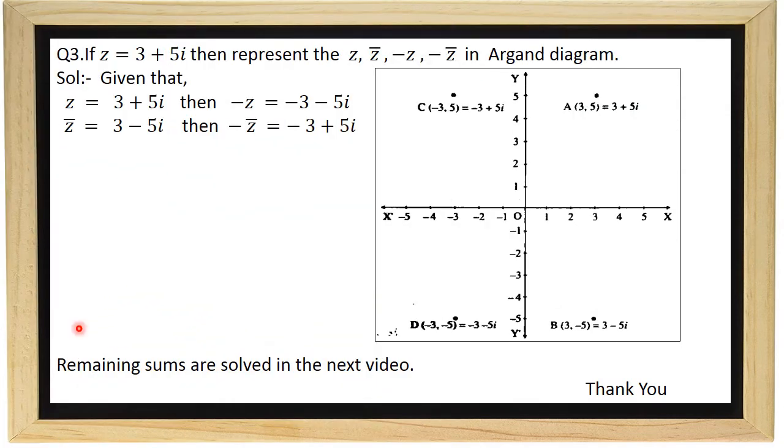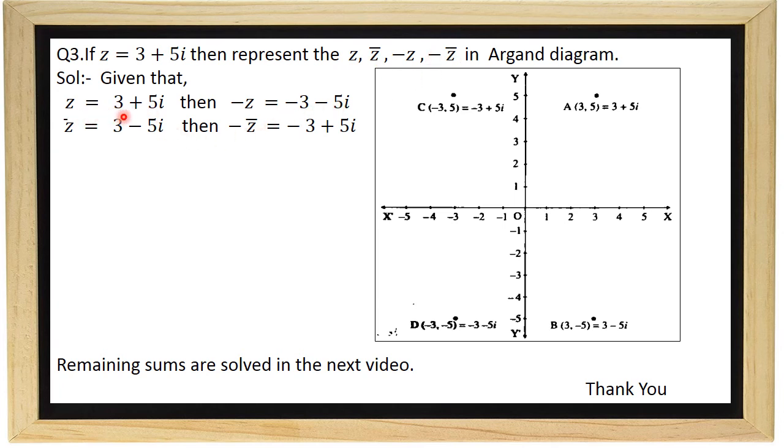Next question: if z = 3 + 5i, represent z, −z, z conjugate and −z conjugate in the Argand diagram. We first find −z and the conjugates corresponding to z = 3 + 5i.